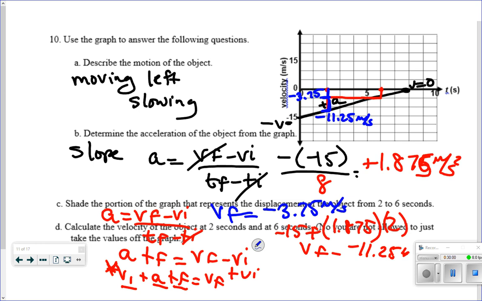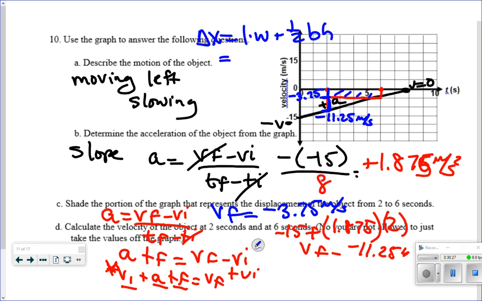So when I do the math for that and I figure out how far the object has traveled, what is it, displacement from 2 to 6 seconds, I am just going to squeeze this up on the top and hope for the best here. Okay, so we are going to take the area of the rectangle, right, this rectangle here, and we're going to add on the area of the triangle below it.